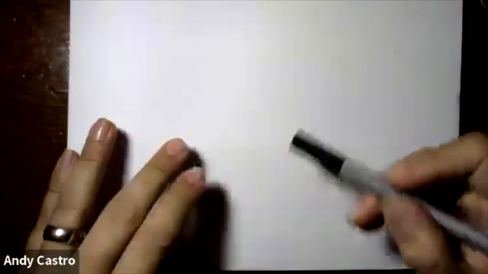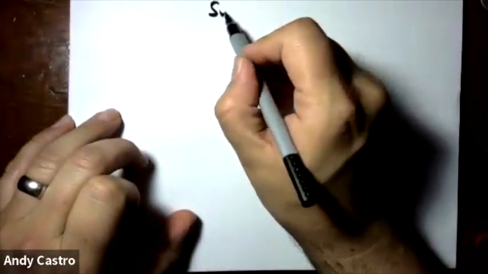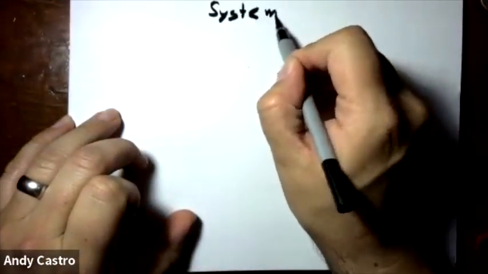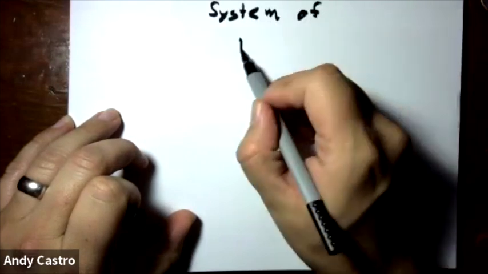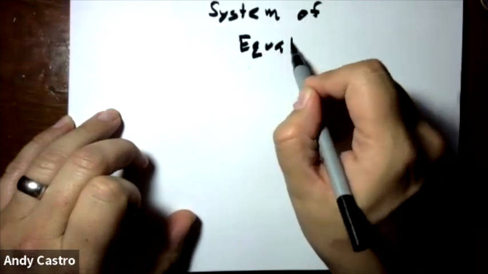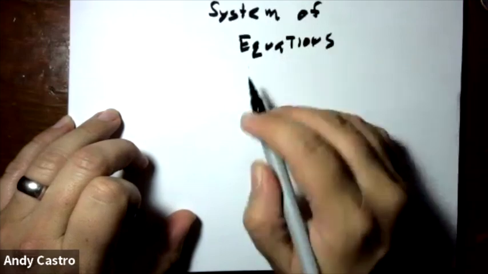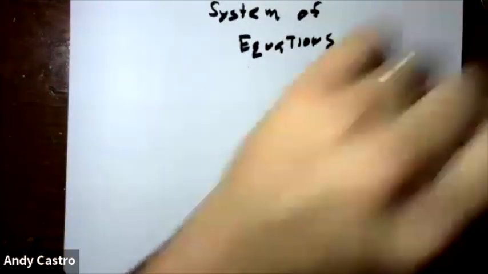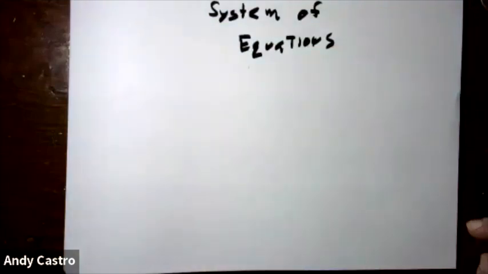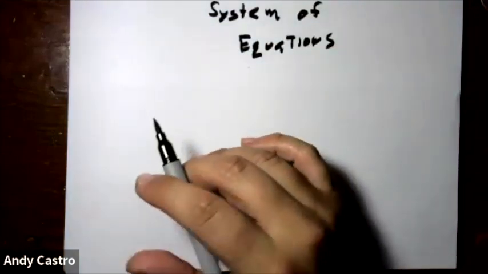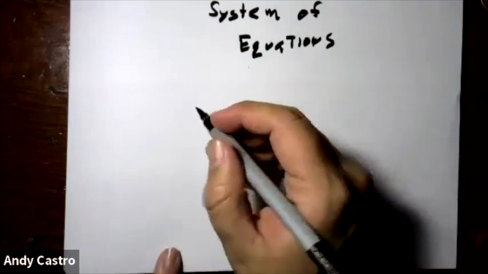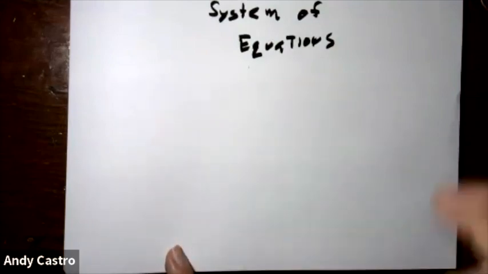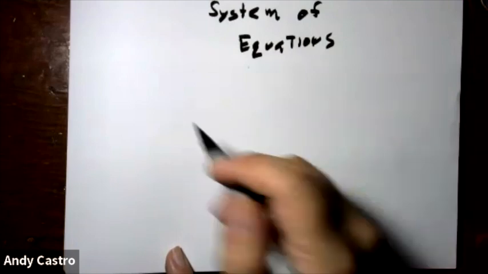Okay, well, today we're going to talk about system of equations. What that means is basically two or more equations that create a system that exists simultaneously.